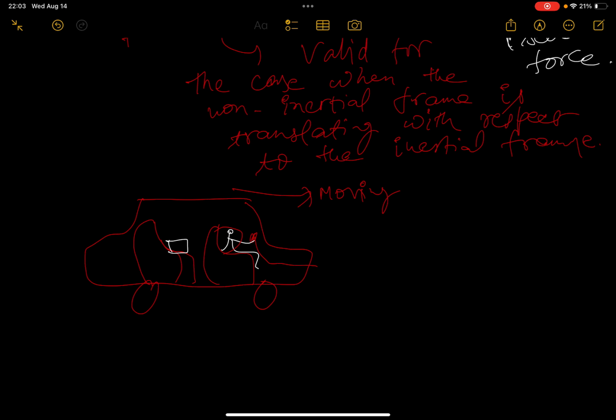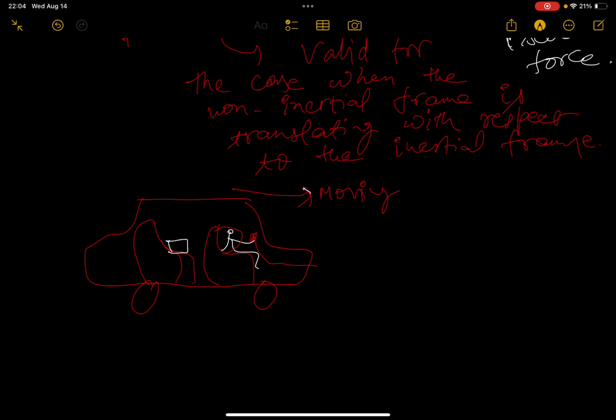For now we are neglecting the friction between the book and the car seat. We have already seen while discussing Newton's first law of motion that even though there is no net external force acting on the book, still the book was moving. So we are trying to find an explanation for that phenomenon.